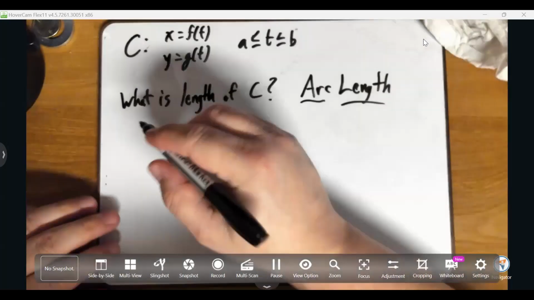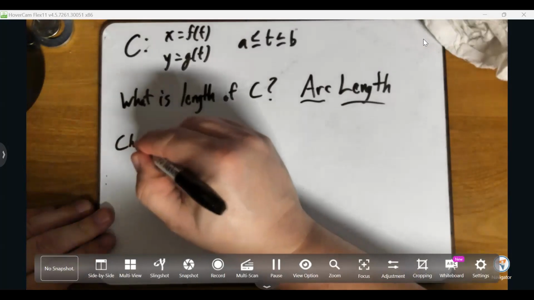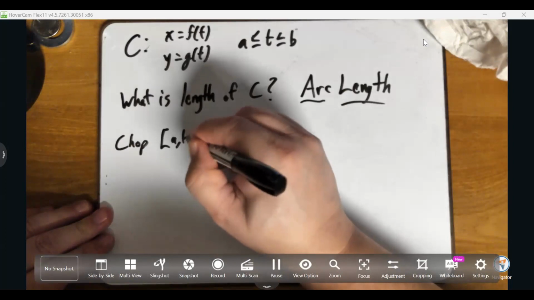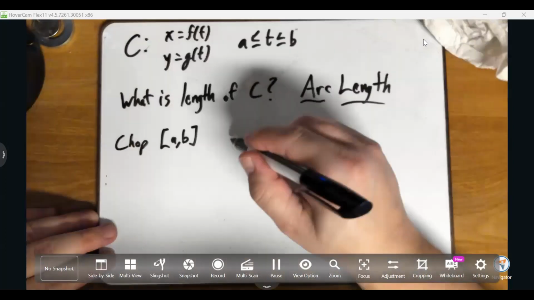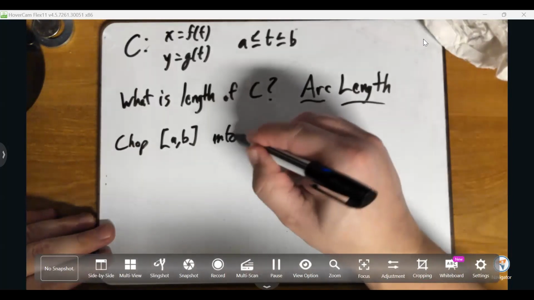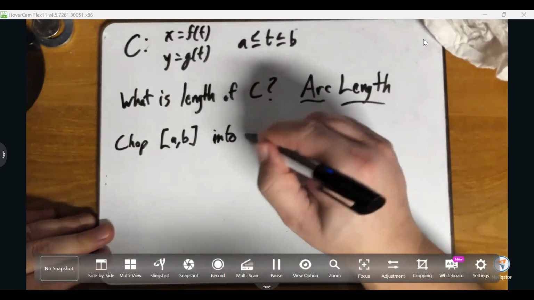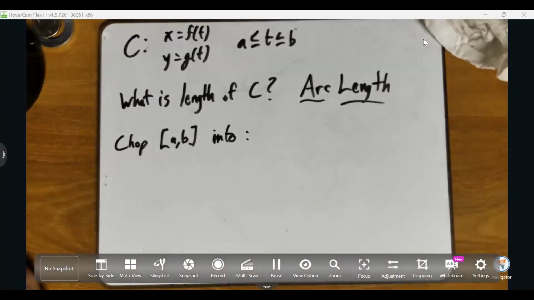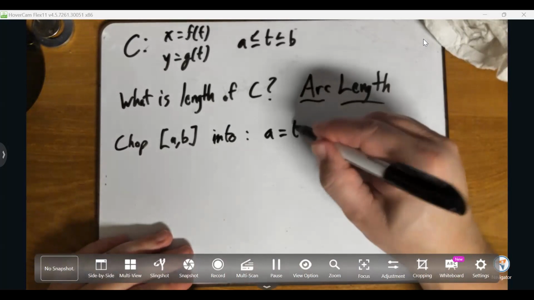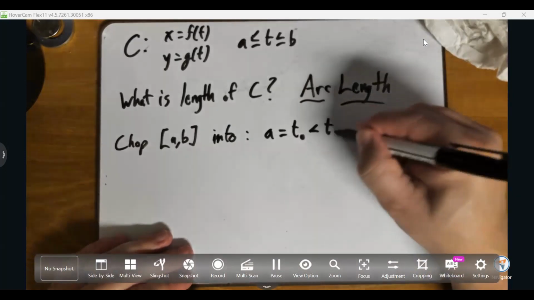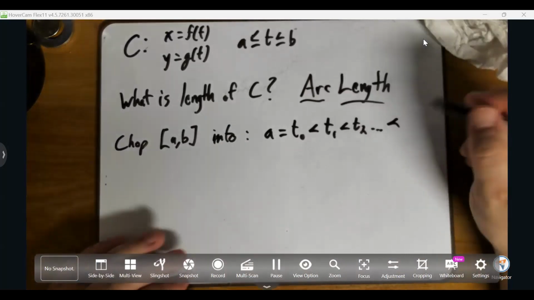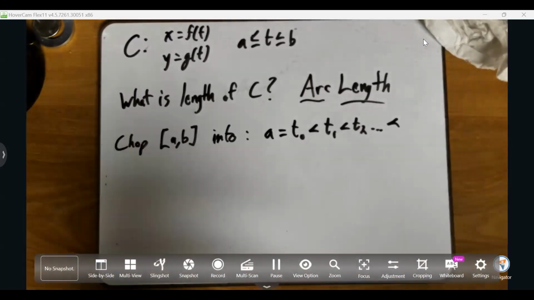Well, what we're going to do is chop up this interval AB for t into a partition, is what we technically call it. And that's going to be at one end A, so that's say t naught, that's less than t1, less than t2, and so on. We're going to chop it up into, say, n pieces.